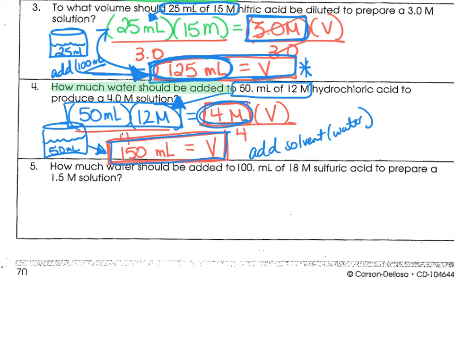So how much water am I going to have to add? Well, I already have 50 milliliters of solution. I need to get up to a solution of 150 milliliters. So that means I'm going to need to add 100 milliliters of water in order to dilute that. So that's my final answer right there, 100 milliliters of water has to be added.